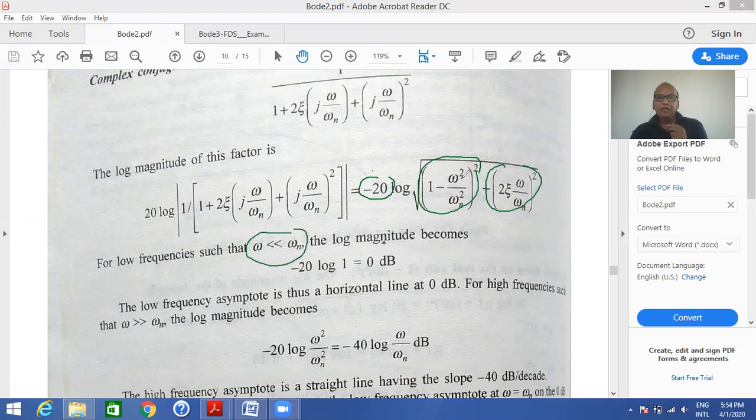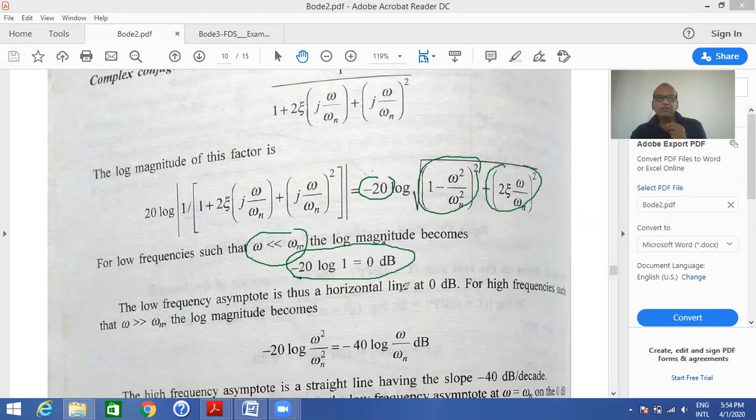The value of zeta lies between 0 and 1. Taking the log magnitude, you will get 0 dB, that is minus 20 log 1. Log 1 is 0, so minus 20 log 1 is equal to 0.